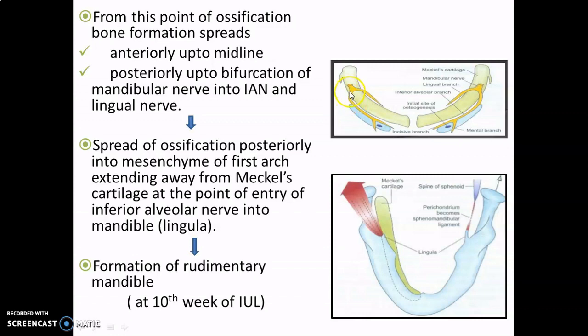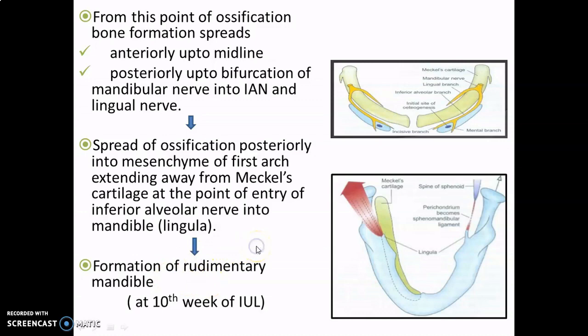Lingula is the point of entry of the inferior alveolar nerve into the mandibular canal. And from this point of lingula onwards, mandible formation is at an angle extending away from Meckel's cartilage, as you can see in this image. Thus, by the 10th week of intrauterine life, a rudimentary mandible will be formed.